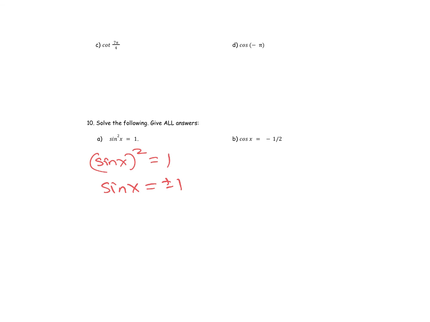Well, if I'm thinking of starting at 0 and going around the circle, it's 1 at pi over 2, and then it's negative 1 at 3 pi over 2. It'd be back up to 1 at 5 pi over 2, and then 7 pi over 2, and so on, it would be negative 1.